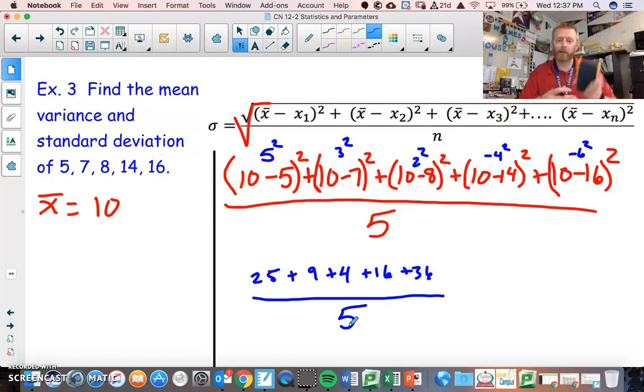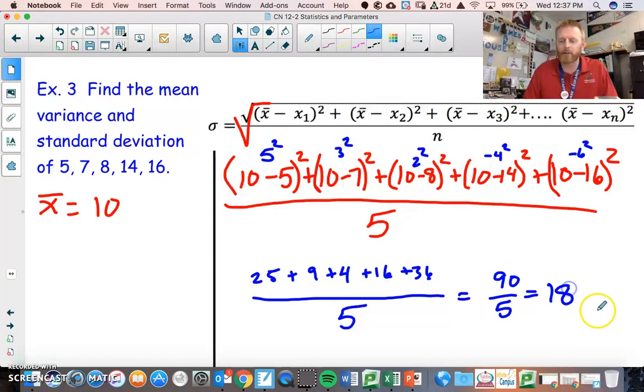So in your calculator, again, you're going to do 25 plus 9 plus 4 plus 16 plus 36. That gets you to the number of 90, and then divided by 5 will get us our variance, and our variance is equal to 18. And to find our variance, now it's a weird looking symbol, that equals 18, that weird looking symbol squared.